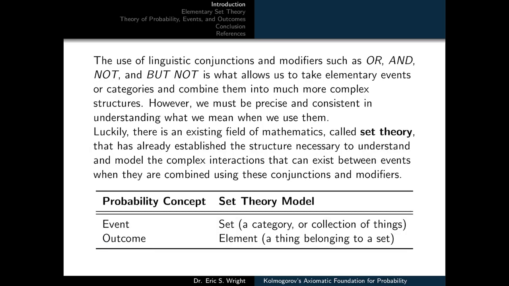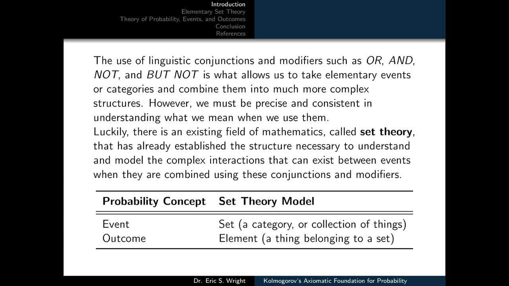The use of linguistic conjunctions and modifiers such as or, and, not, and but not is what allows us to take elementary events or categories and combine them into much more complex structures. However, we must be precise and consistent in understanding what we mean when we use them.